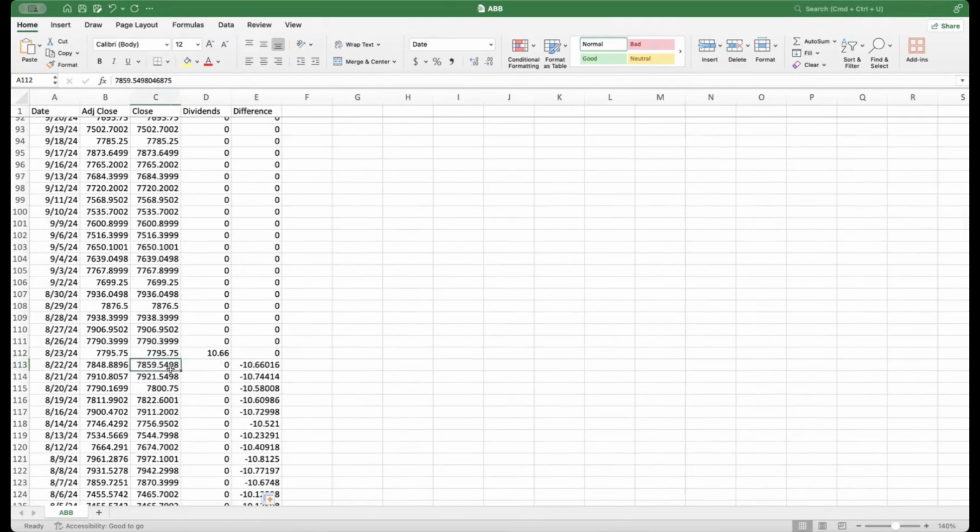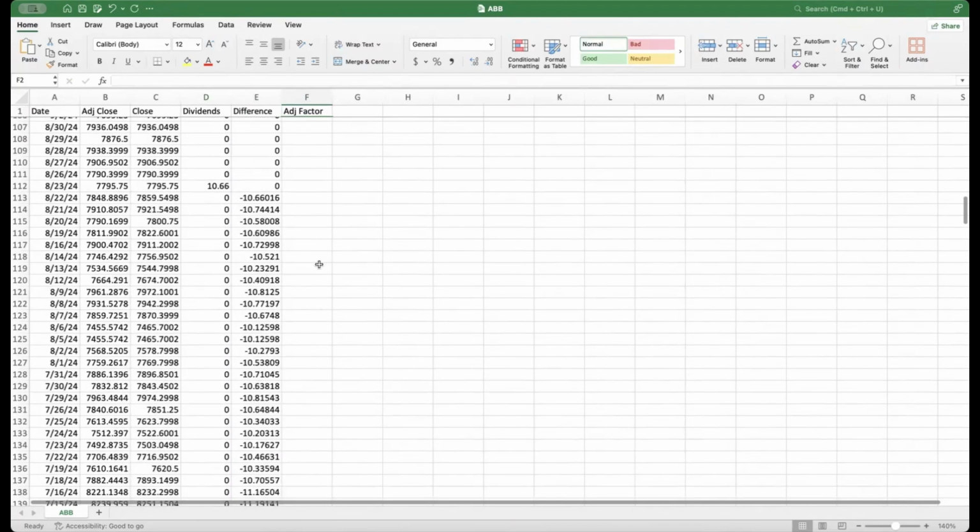And the day before that, you see that there is a difference in the close price and the adjusted close price. It seems to be very close to the dividend that is given. So this is how it is actually computed. Let me actually calculate another column called adjustment factor.